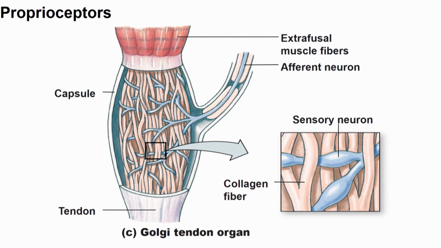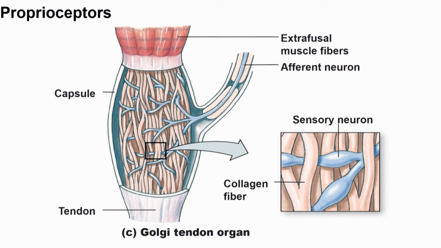So, when the organ is getting stretched, you can see that the sensory neurons are getting compressed. Depending upon how much it is compressed, it will send out firings. That will be a measure of how much force the muscle is actually experiencing or applying.